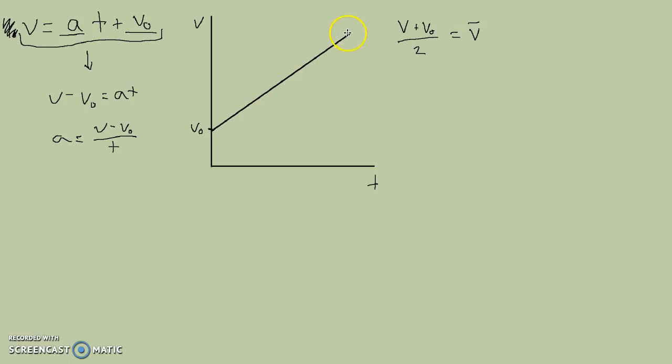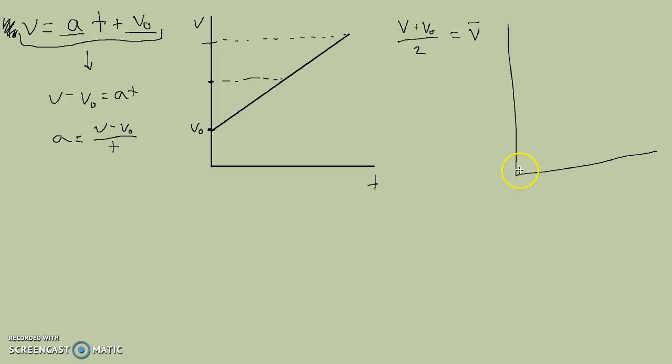And this again is only true when acceleration is constant. In this circumstance with constant acceleration, the average of this value right here and this value right here is going to be something right in the middle, which would be equivalent to the average velocity.